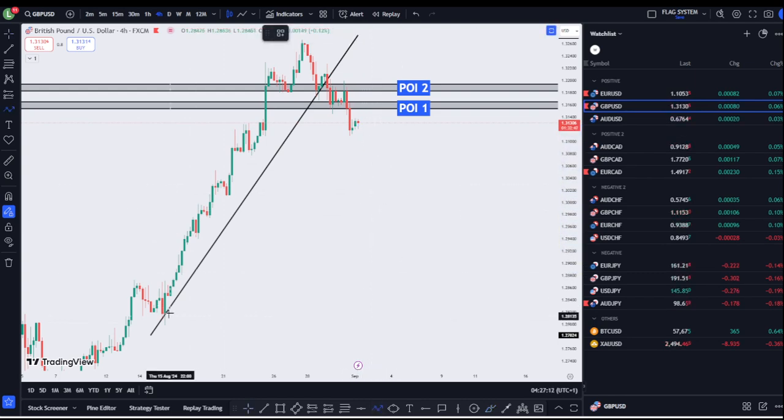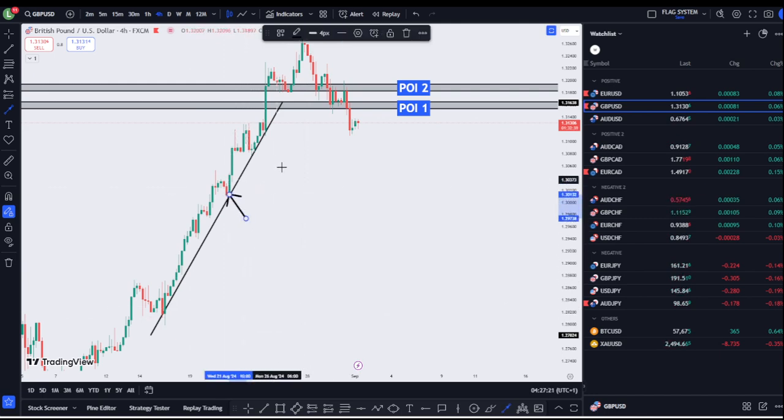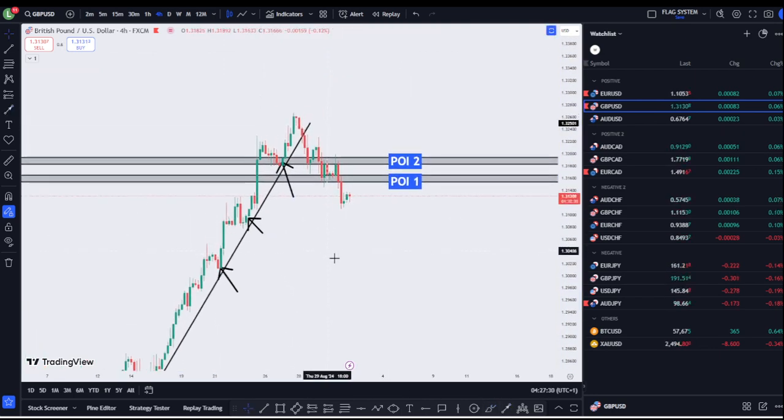You can see the price reacted at the uptrend line around this zone, right? Price reacted here, price reacted here. And again, what happened? Price also reacted around this zone here, right? Then all of a sudden, a lot of price action traders are also expecting price to react at the trend line again.